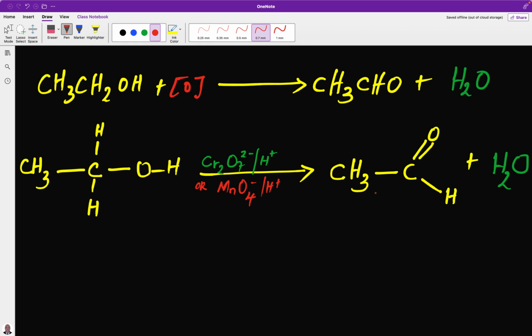As soon as the ethanal is formed, it should be distilled off immediately.